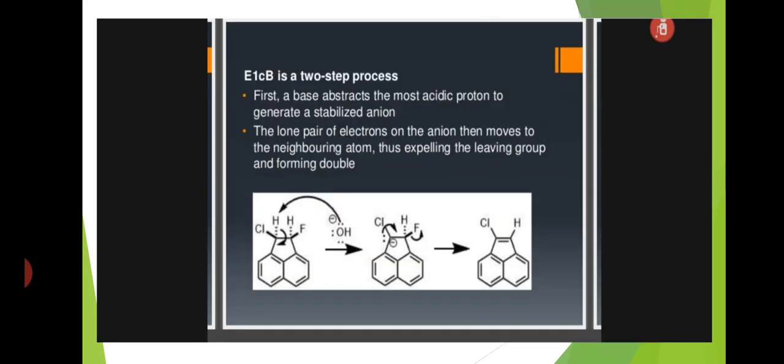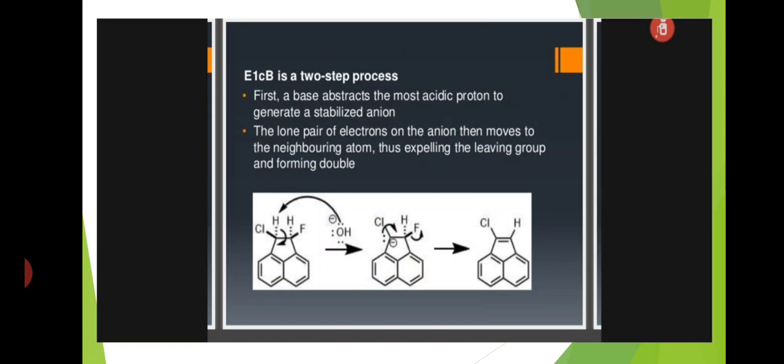E1CB is a two-step process. First, a base abstracts the most acidic proton to generate a stabilized anion. The lone pair of electrons on the anion then moves to the neighboring atom, thus expelling the leaving group and forming a double bond. Okay, first, what occurs here?